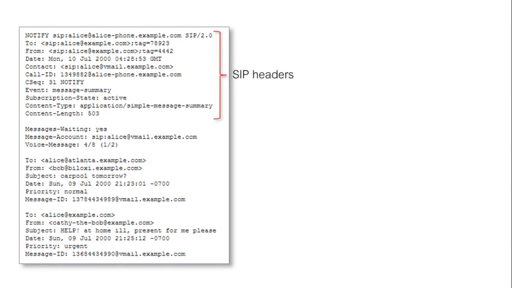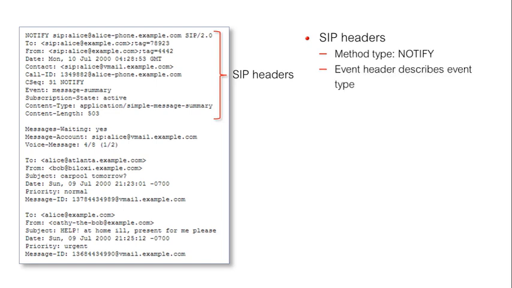The first part is all the regular SIP headers we know and love, plus a few new ones, followed by a new type of payload. Note the method type, notify. Right away, I can tell from the very first glance, the purpose of this request is to notify me of some event. What type? Well, we check the event header.